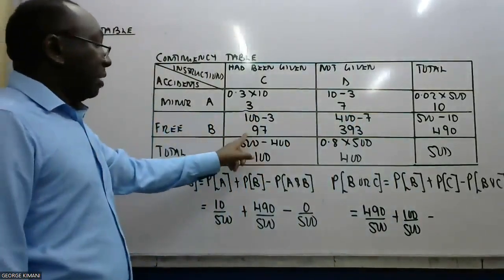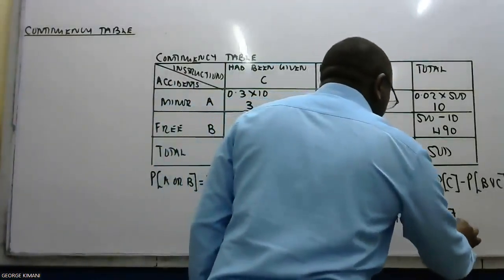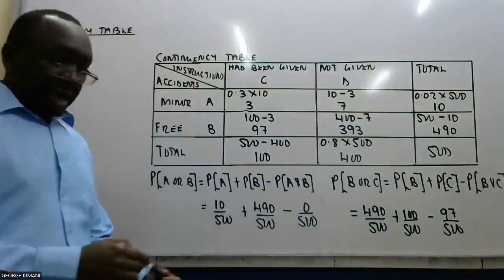B and C meet here, there are 97. Yes, 97 out of 500. So you just leave it that way.